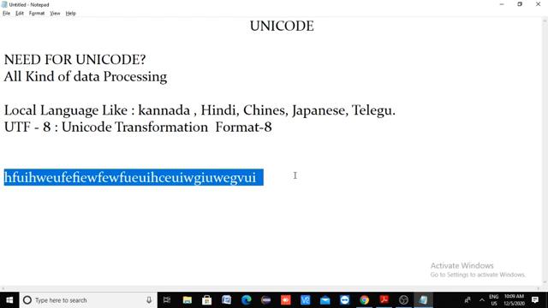So UTF-8 is a computer hardware device or software program capable of transferring 8 bits of data at a time.